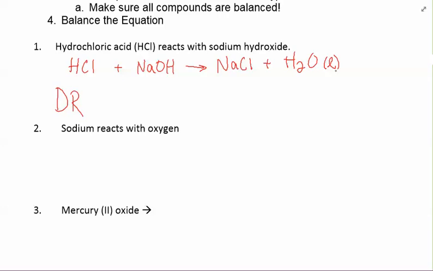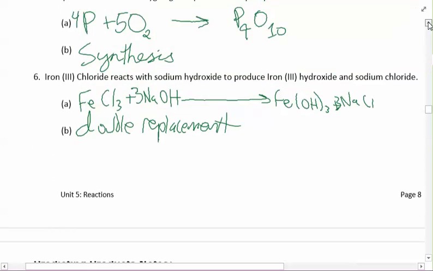So you either need to form a precipitate, which would be the solid suspended in the solution, or you need to make a liquid or a gas. In this case, we're making a liquid right away, but we can check the solubility of the other things in our solubility chart to see if there's any precipitates.